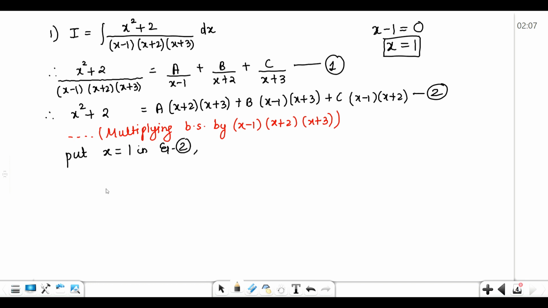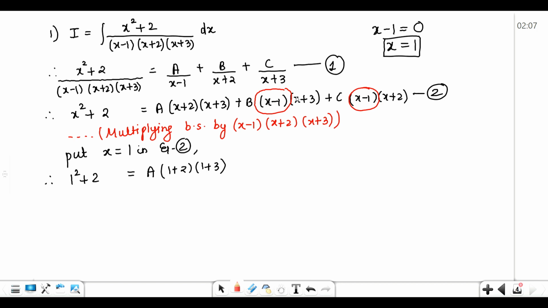That will give you 1 square plus 2 is equal to a times 1 plus 2 times 1 plus 3. But if you notice here, we are substituting x is equal to 1. In that case, this term will become 0 and this term will become 0, right? 1 minus 1 becomes 0, 1 minus 1 becomes 0.